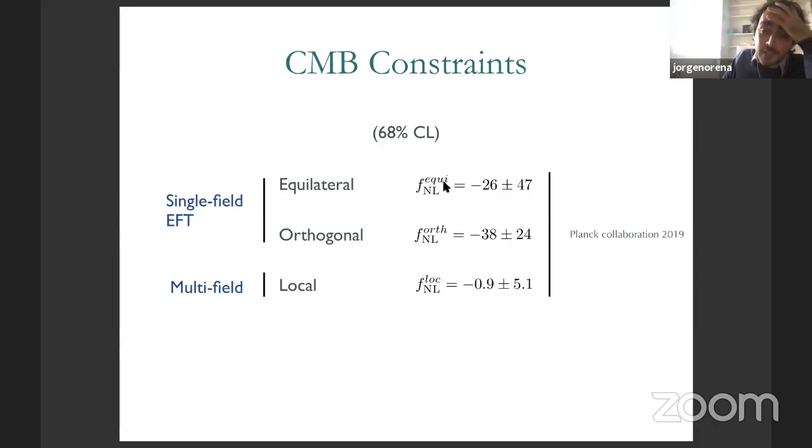An FNL equilateral of order 100 is still easily accepted, while the one generated by multi-field inflation, the local shape, is much better constrained due to this strong divergence. It's much easier to see in the data. It's also compatible with 0, and the constraints are starting to become order 1, though since this is just 68% confidence level, I would say that they are more order 10.